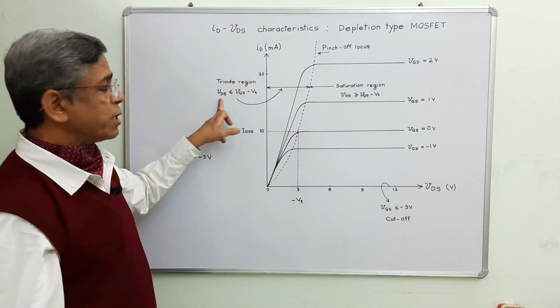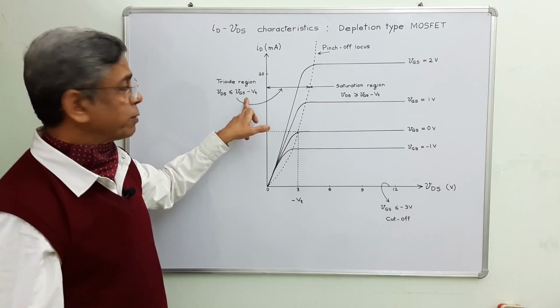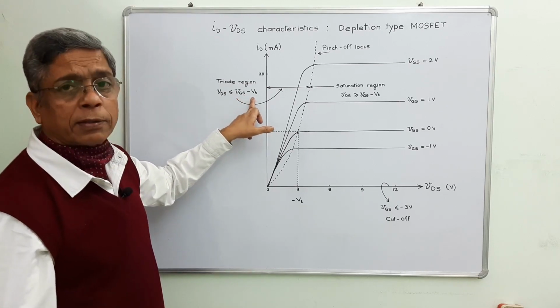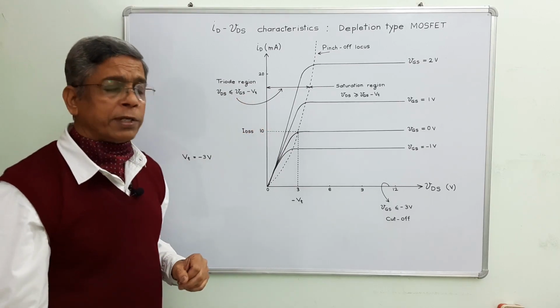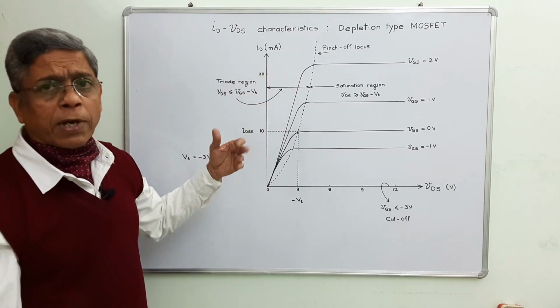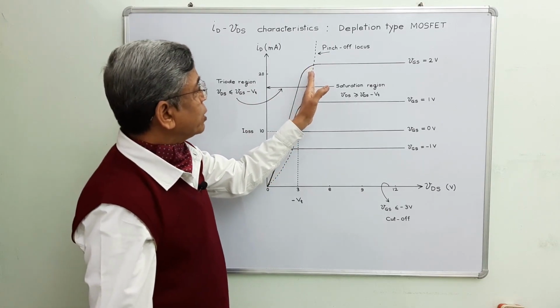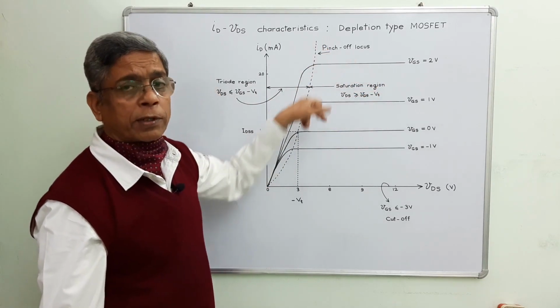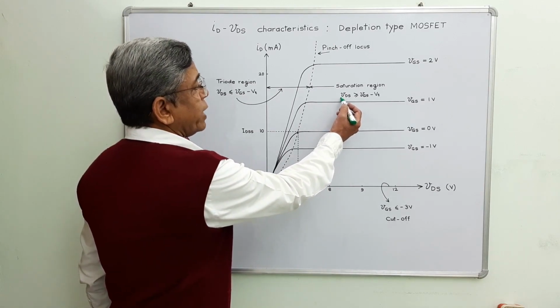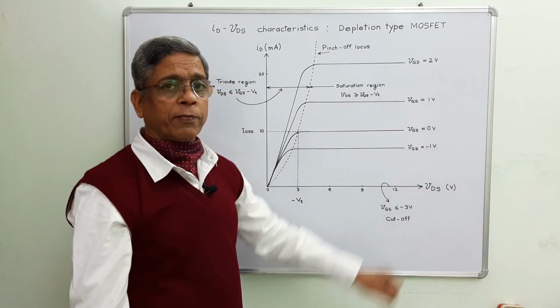This is when the potential difference VDS is less than the potential difference across gate and source minus threshold voltage. Threshold voltage is assumed minus 3 volt as a sample for depletion type MOSFET. And on the right hand side of this pinch off locus, when VDS is more than VGS minus VT, this is called saturation region.